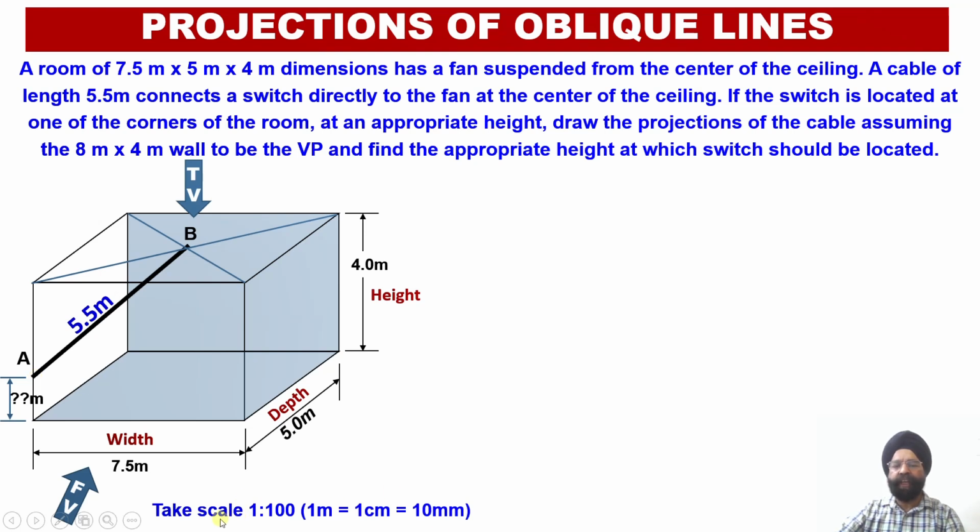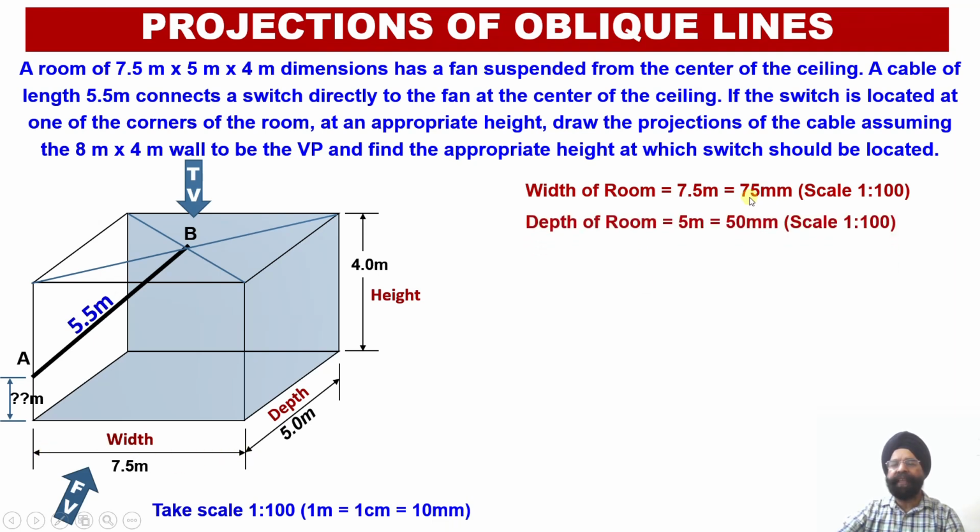So here we are going to use the scale of 1:100 in order to draw the orthographic projections corresponding to this particular room. So 1 meter we are going to represent as 10 millimeter. So the width of the room, 7.5 meters, will be represented as 75 millimeter in the orthographic projections.